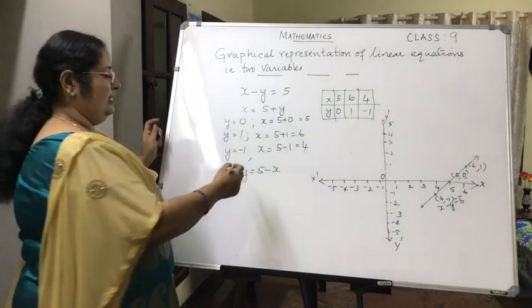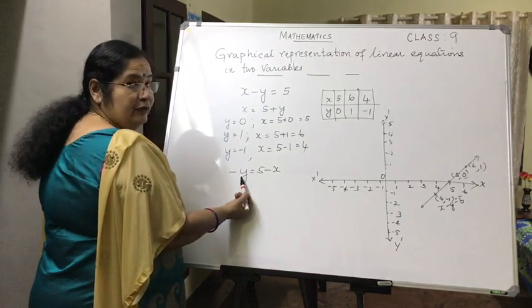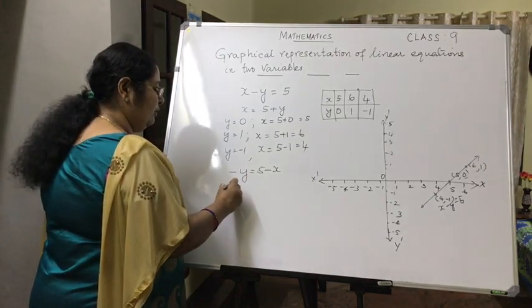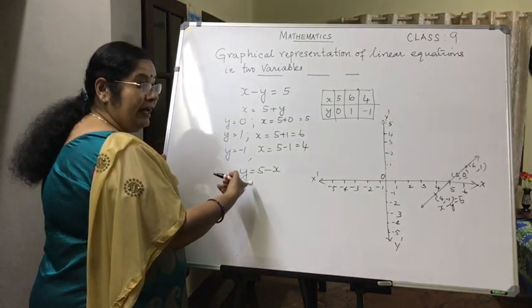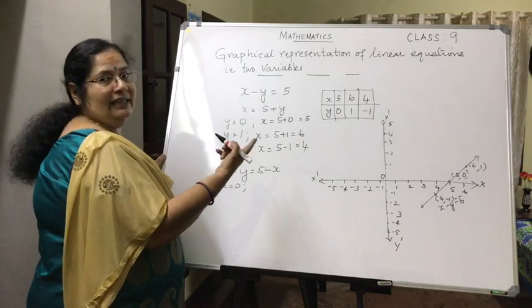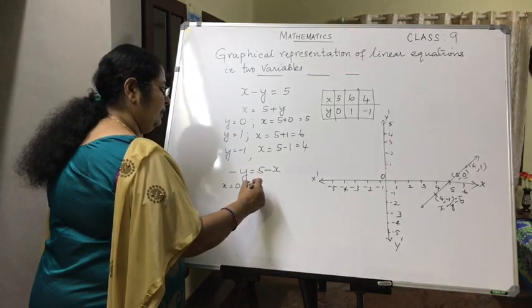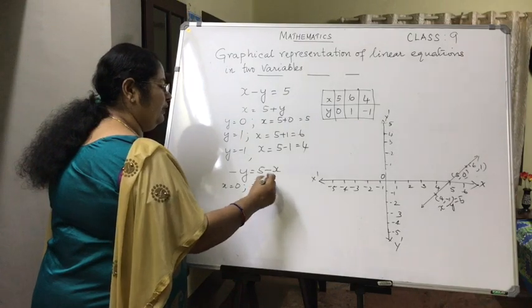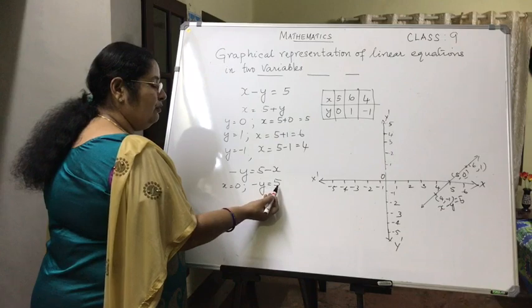So here you are going to put values for x and then get the values for y. When x equals 0, what you are getting is the value for minus y. So minus y will be equal to 5 minus 0, which is equal to 5.